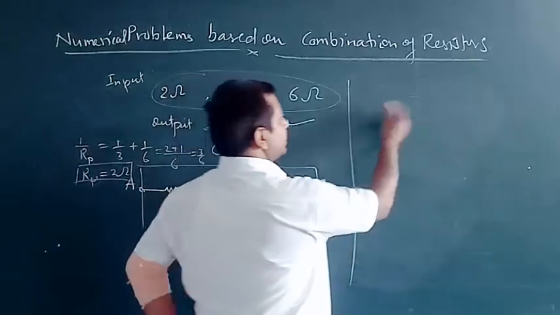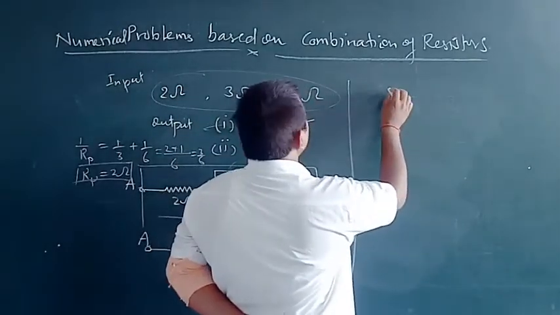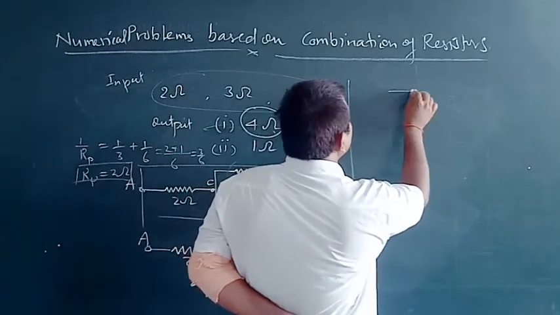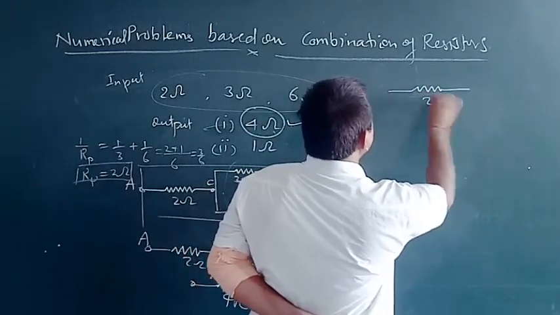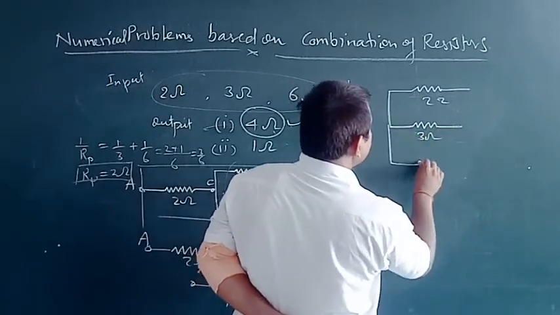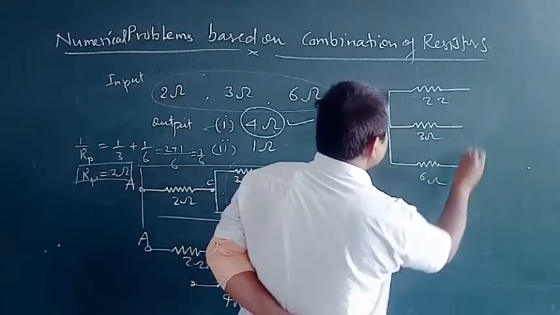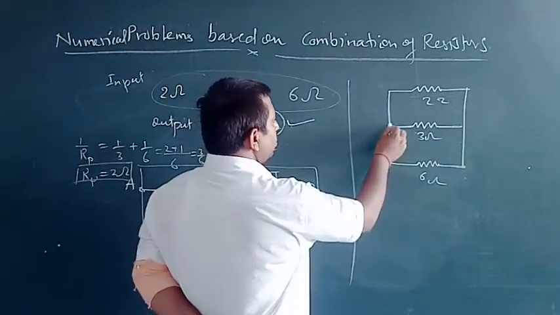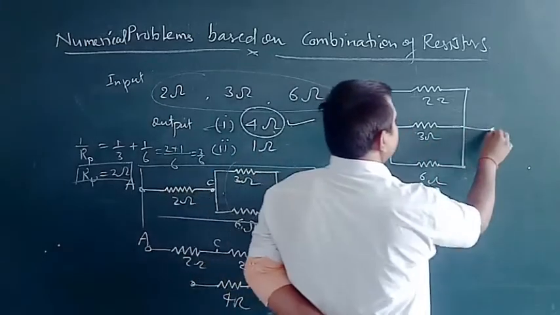Suppose this is a 2 ohm resistor, this one is the 3 ohm resistor and this one is the 6 ohm resistor. This one is A and this one is B.